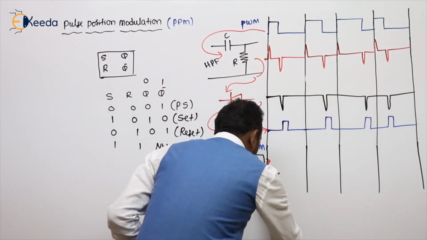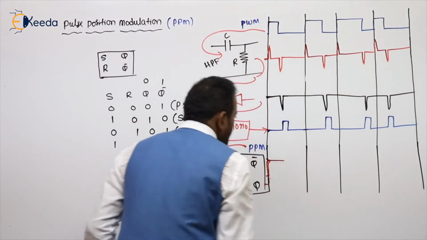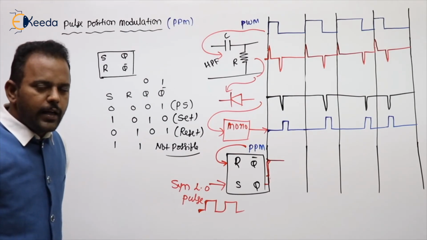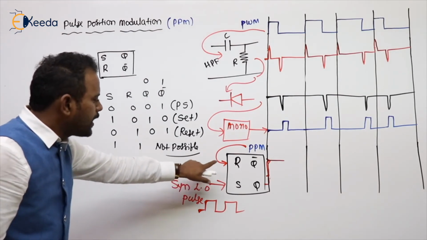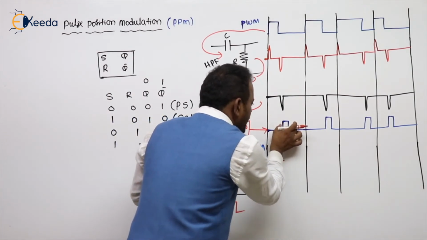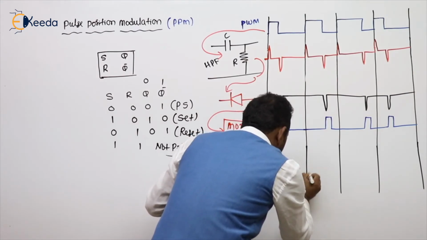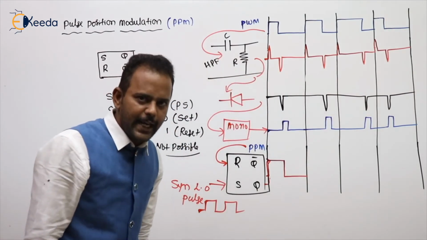Set means the output Q value is 1, and it goes on until reset is given. Here we give reset, and reset means it becomes 0. That completes the first cycle.